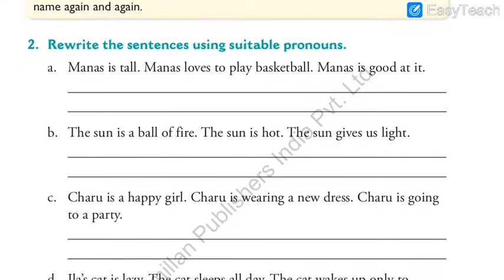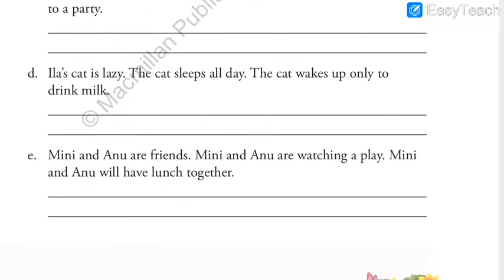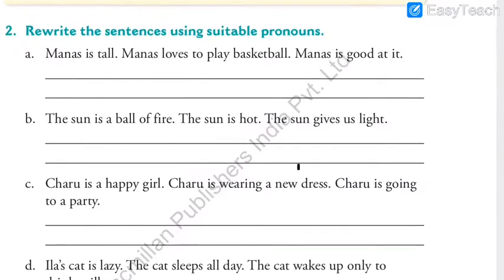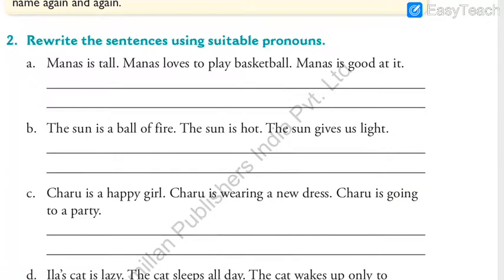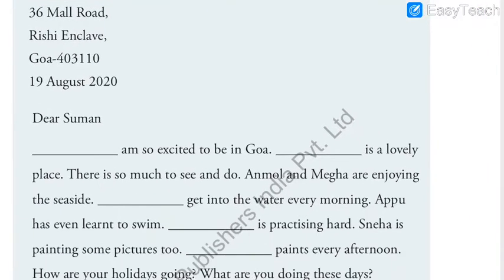And then moving on to exercise number 2, in which you had to replace the noun with the pronoun and rewrite the sentences. Again, almost all the sentences of exercise number 2 I solved in the video lecture, but if one or two were left out, I hope that you solved them.